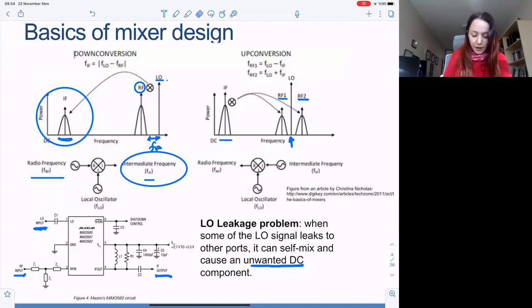We do this at the receiver. So this is the RX part. At the transmitter, we process our signal at IF. We produce our modulated signal at IF first, and then we up convert to radio frequency, which we then transmit into the air.